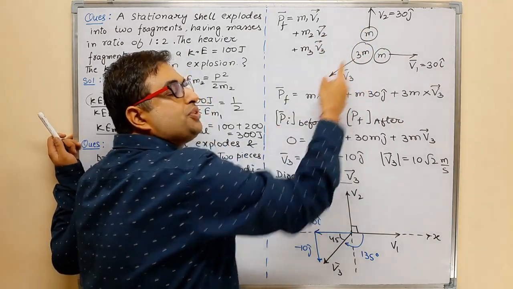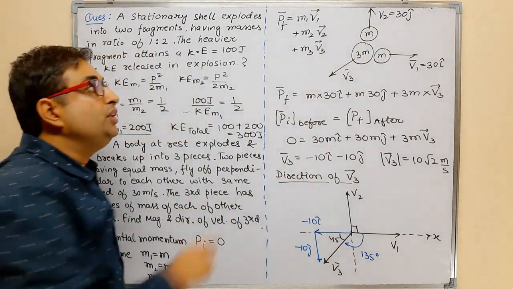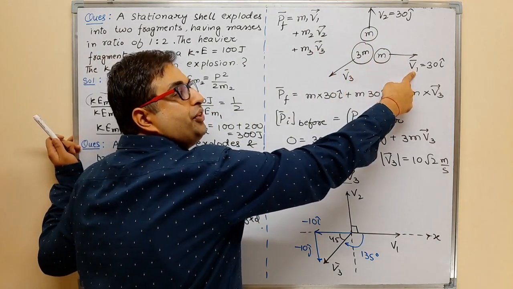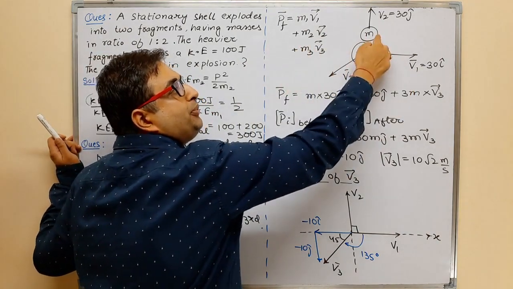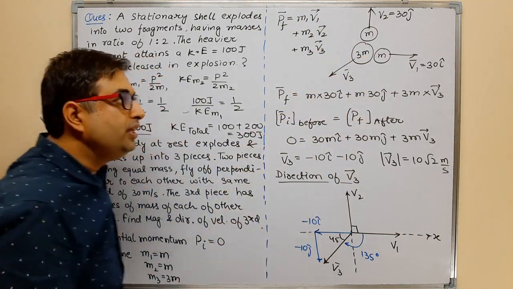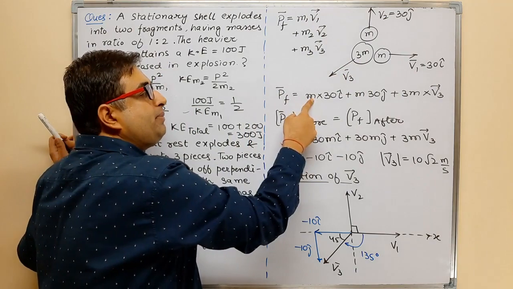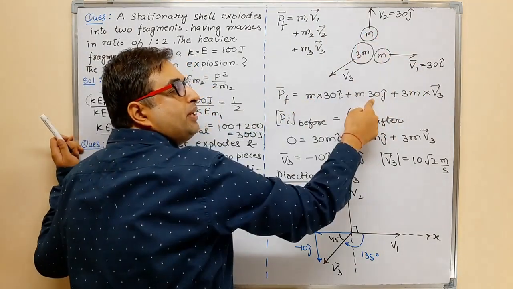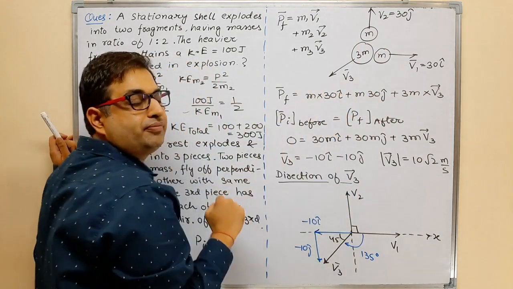We don't know the velocity of the third mass. So final momentum will be m1 into v1 plus m2 into v2 plus m3 into v3. Final momentum will be m into 30 i cap plus m into 30 j cap plus 3m into v3.